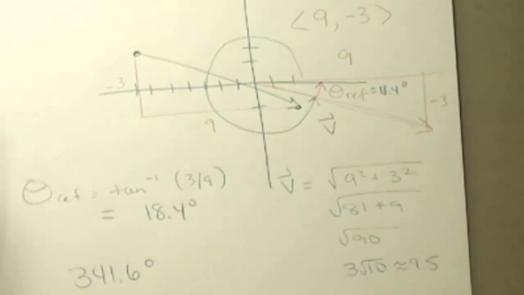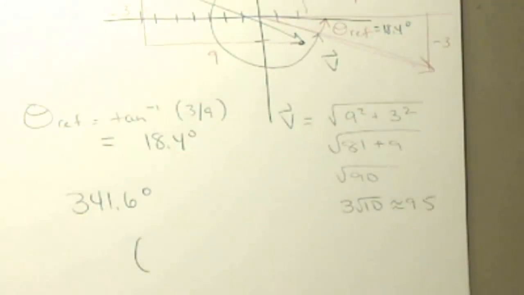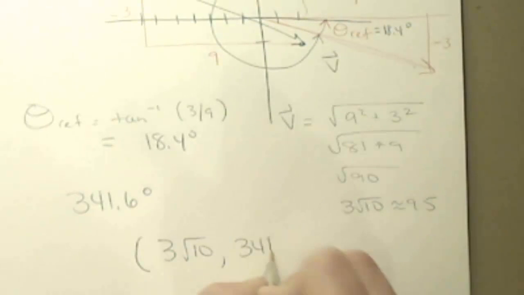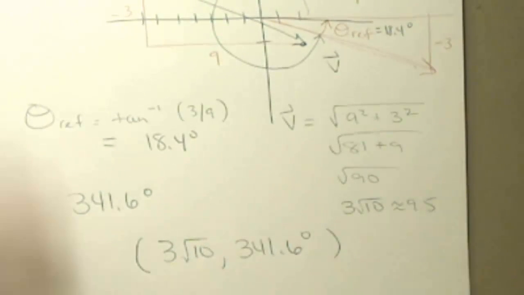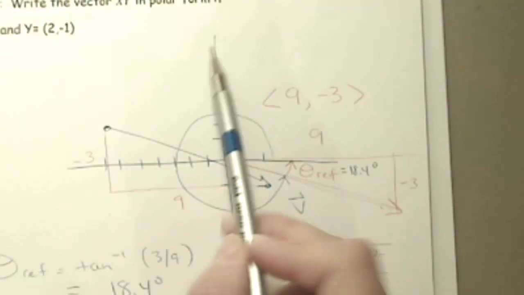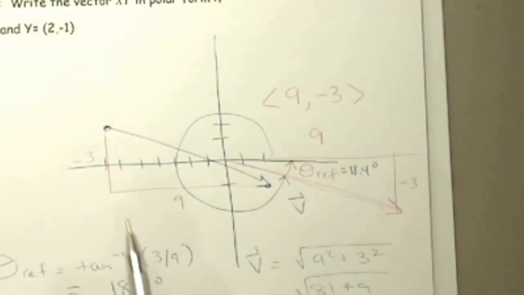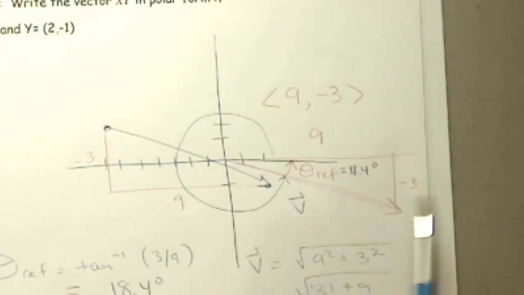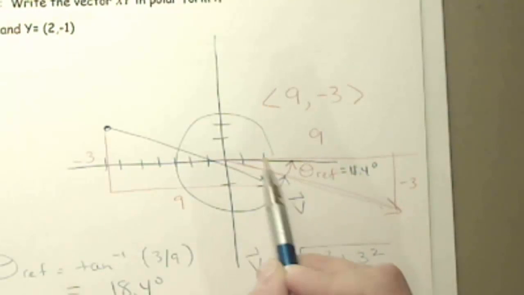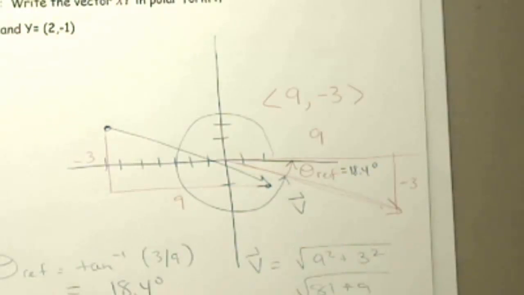So the r, theta for this vector would be 3 roots of 10, comma, 341.6 degrees. Okay. Now let's just notice this has been some kind of navigational problem in which we had north, south, west, and east. We could say that it's 18.4 degrees south of the easterly direction, and that would be a compass direction.